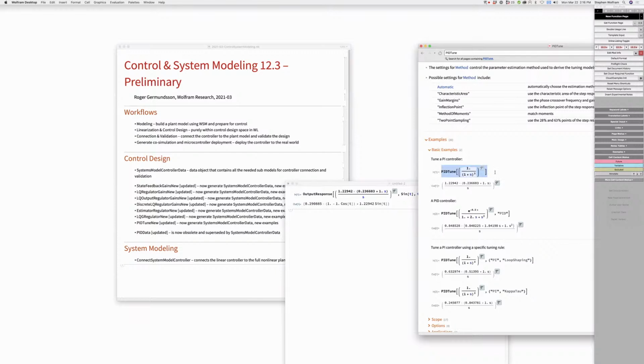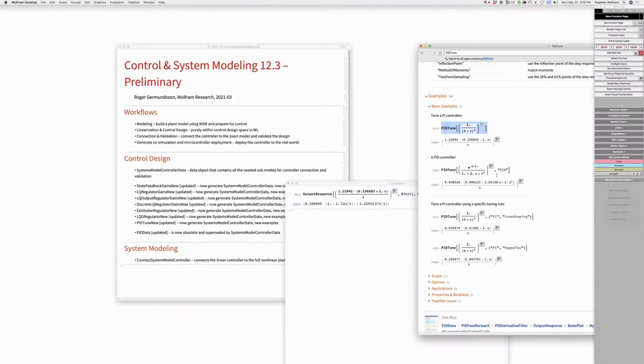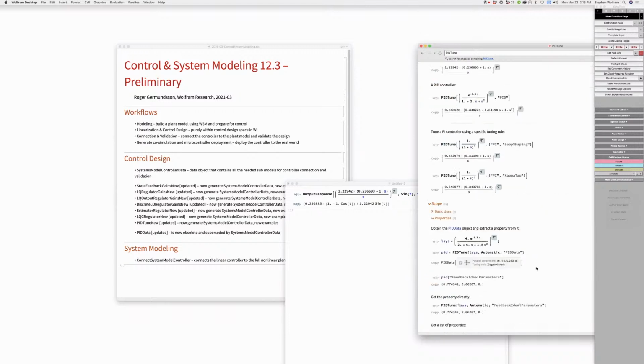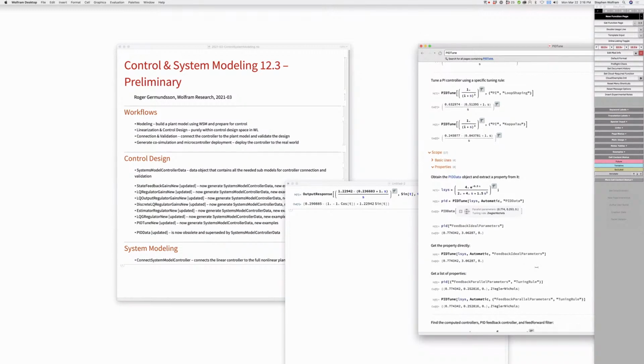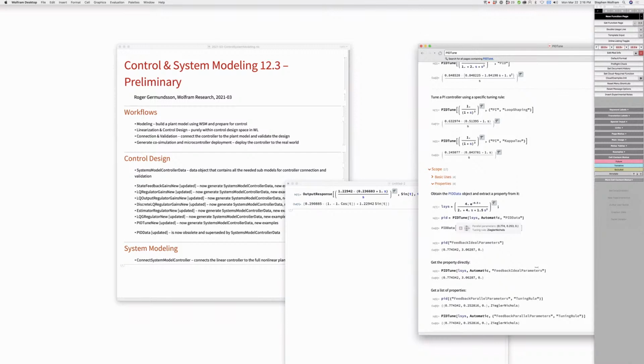If you look at scope, probably that's an example there. But you have to give another argument. Go to properties. Yeah, there's that example, PID data, and it'll give you that data object, which we have now generalized to systems model controller data, and plan to make PID data obsolete.